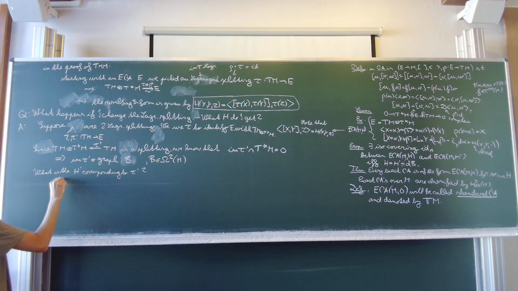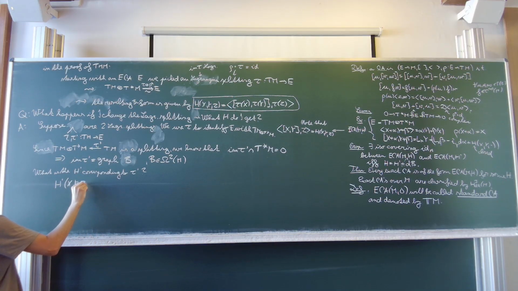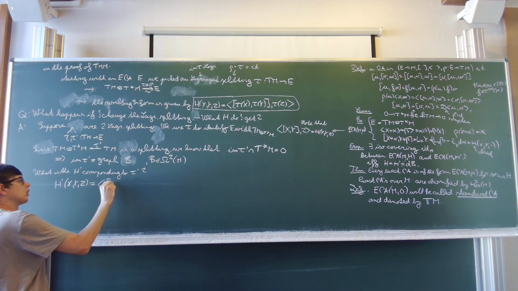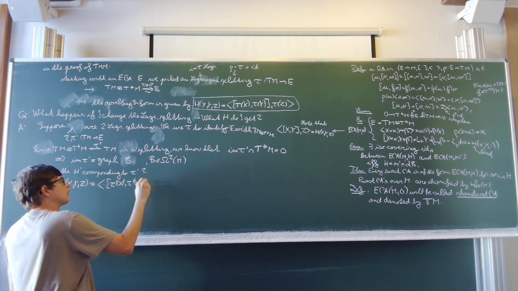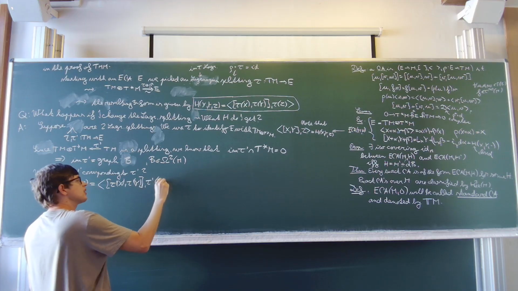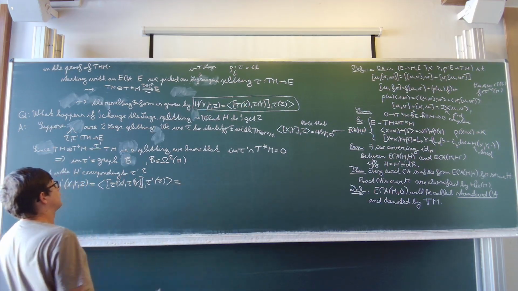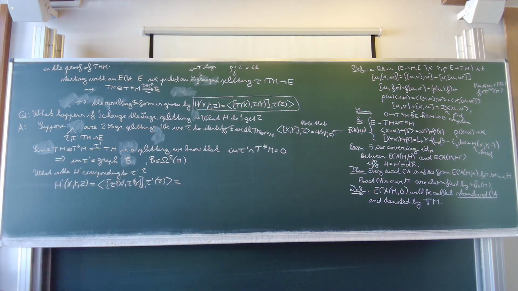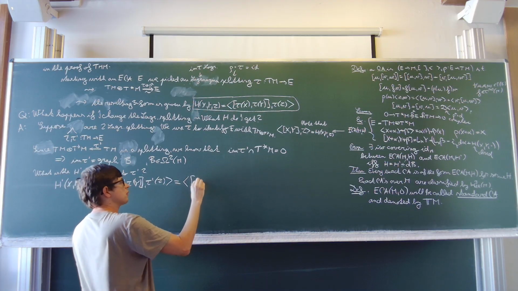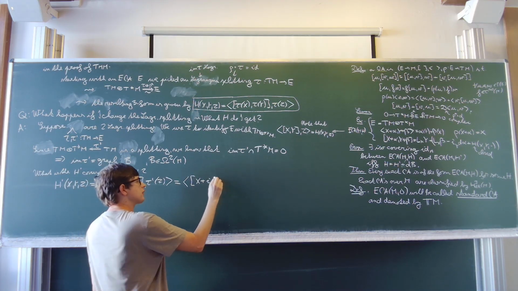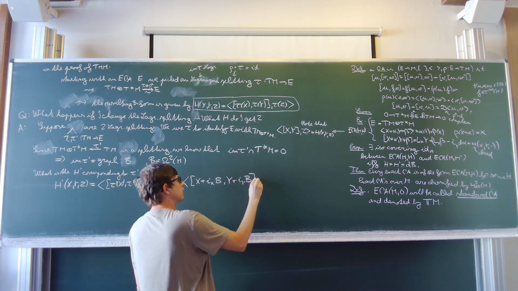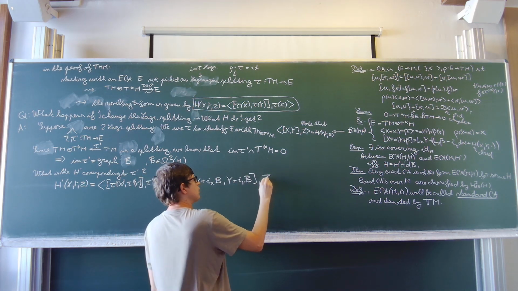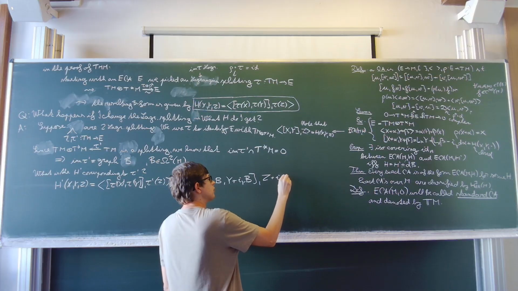So H prime of x, y, z is the pairing of tau prime x, tau prime y, tau prime z. And now we just substitute. I know that it's a graph, so what do I have here? I have x plus insertion into B, and y plus insertion into B, and then z plus the insertion of z into B.